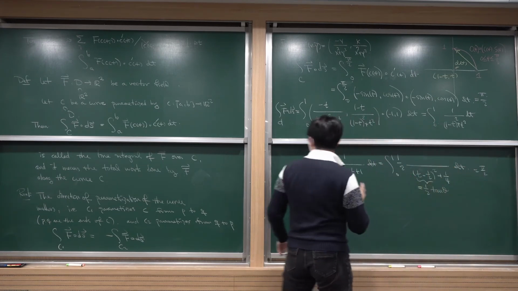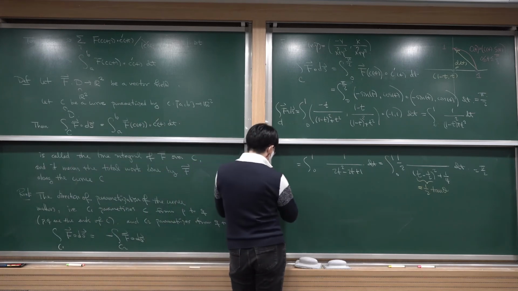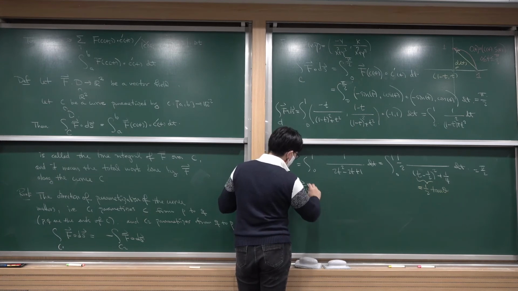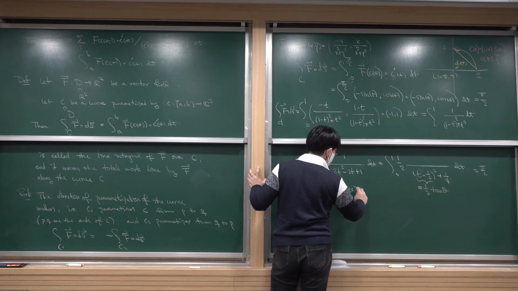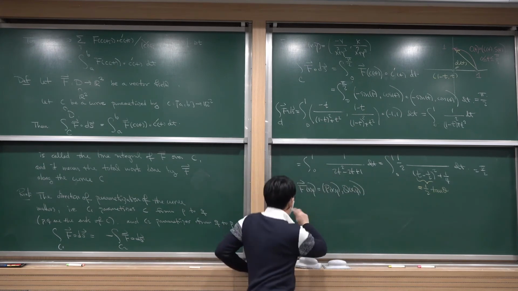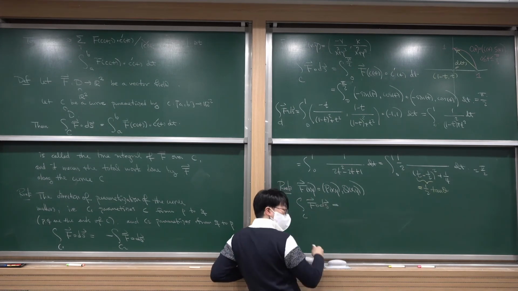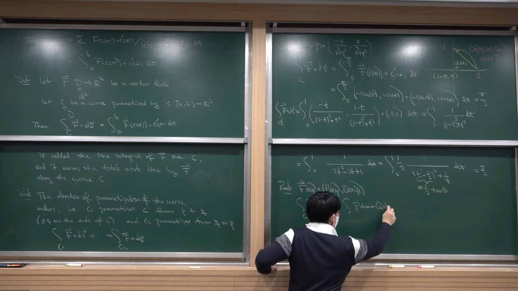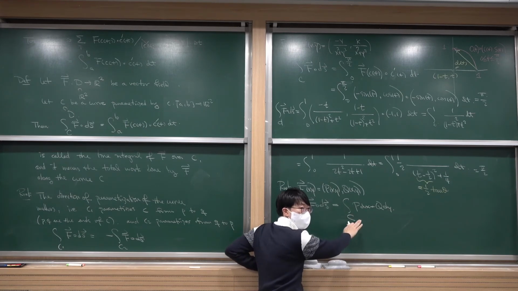Meanwhile, let me introduce another notation for our line integral. Let's say our vector field is given by the functions P and Q. Then this line integral is also written as P dx plus Q dy over C. This is another notation for the line integral.